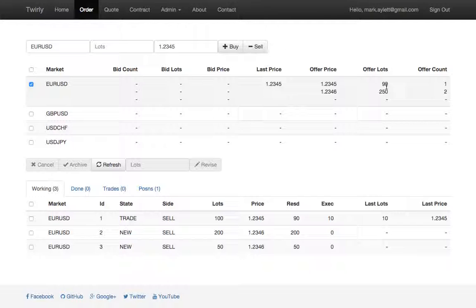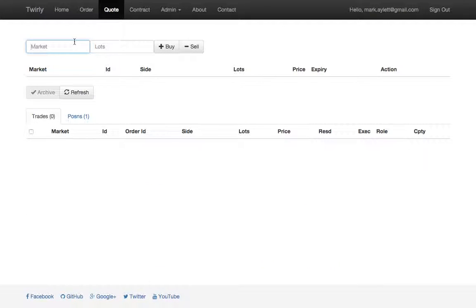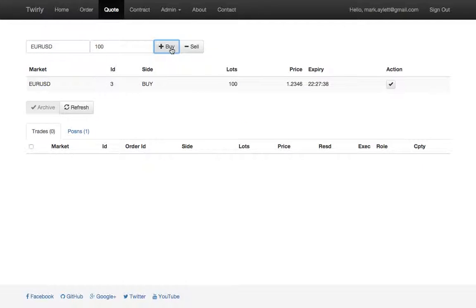Let's now ask for a quote in 100, and we'd expect it to be this price because there's insufficient liquidity at the first level, and we don't want to sweep the book. It's got to be one counterparty. There we go. What we have now is that quote for 46, which is the second level of the book.